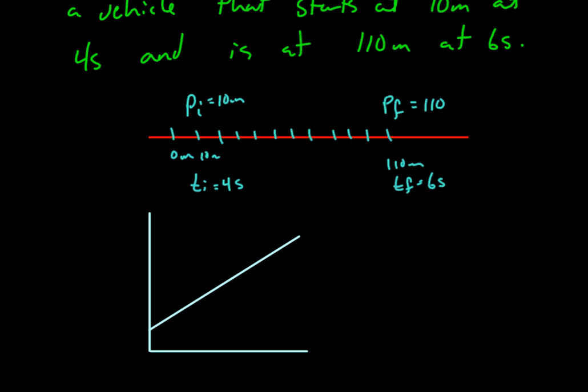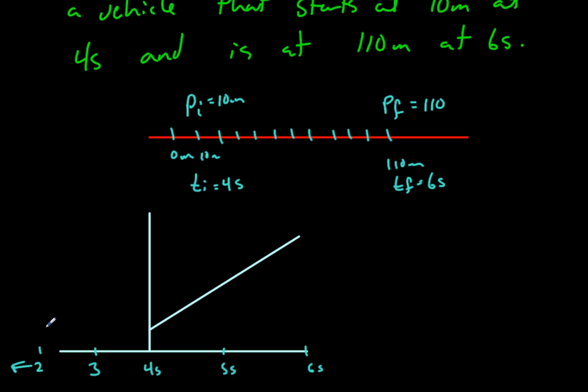Now, one thing I just want to be careful of here is actually just watching what we're doing with time, right? So this actually would be where our 4 second is, 5 second, 6 second, 3, 2, and so on back there.